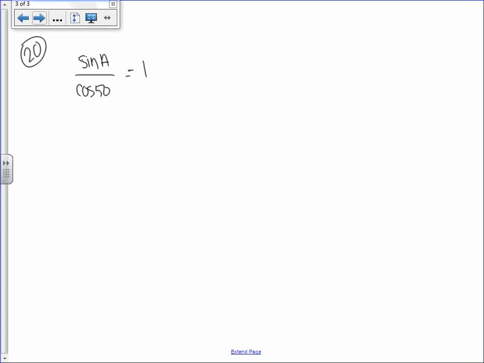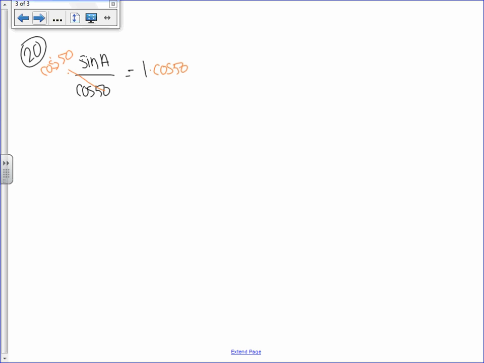Well, think of this as your normal fractional equation. Whenever we have fractions and equations, we want to eliminate the denominators. So we can multiply both sides by cosine 50.